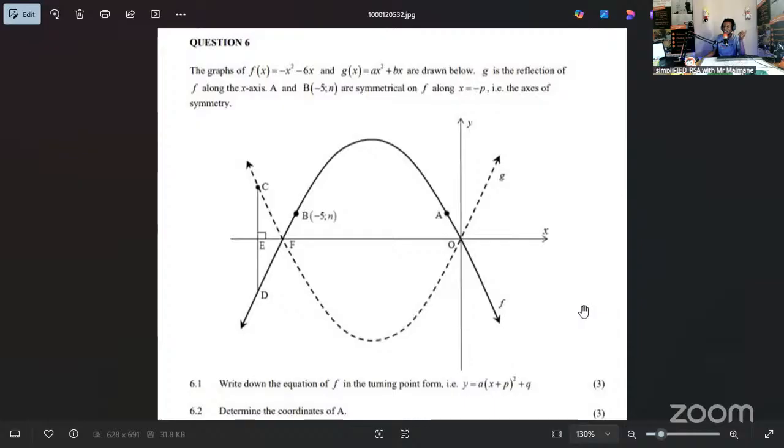And g is the reflection of f along the x-axis, as you can see the way it rotated. A and B are symmetrical on f along x equals minus p, whatever value that line is. But I think you already have a clue where that line x equals minus p is going to be, no?